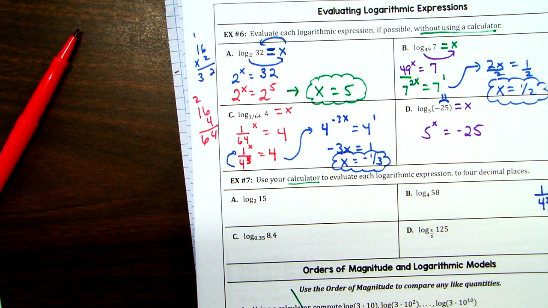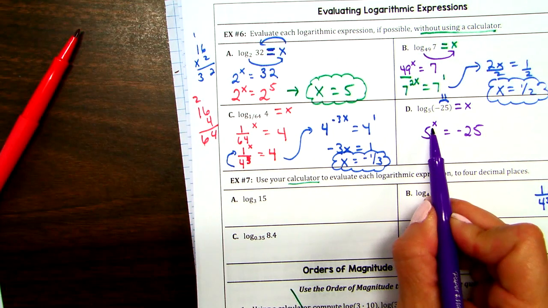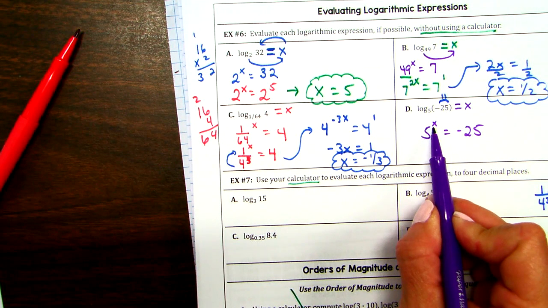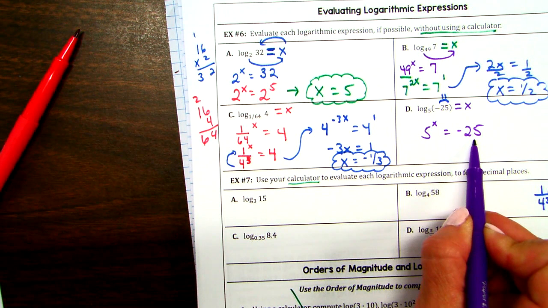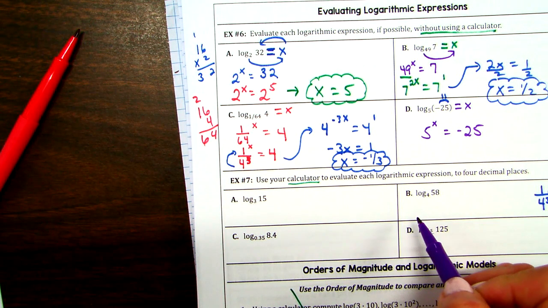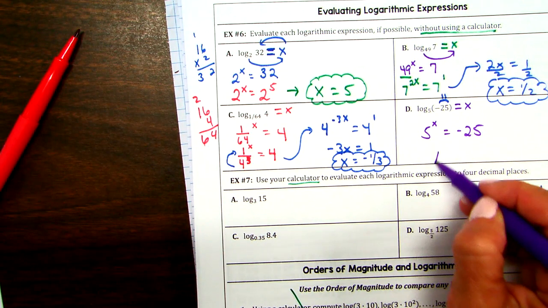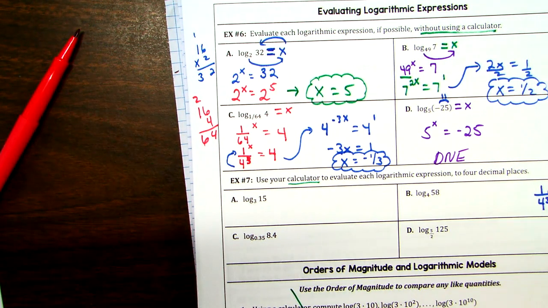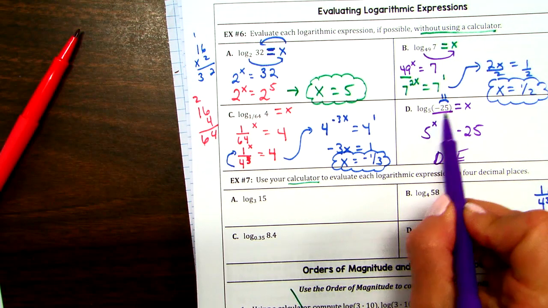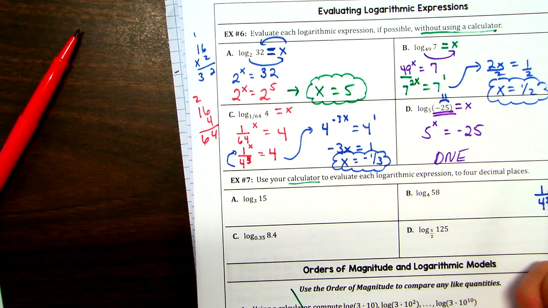But 5 to the negative 2 doesn't make negative 25, it makes 1/25. So there is no number that I can make a negative answer over here. There's no power to make that happen. So that does not exist, no solution, whatever you want to write. But that's always going to happen when we have a negative here. And you saw it on the page before. Okay.